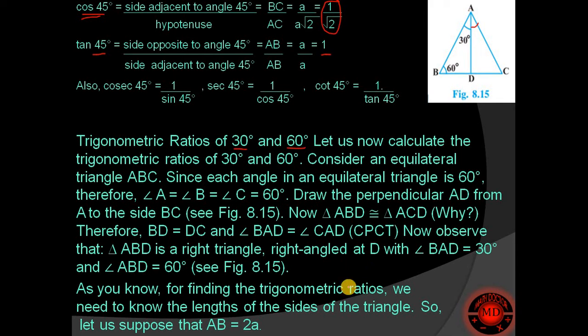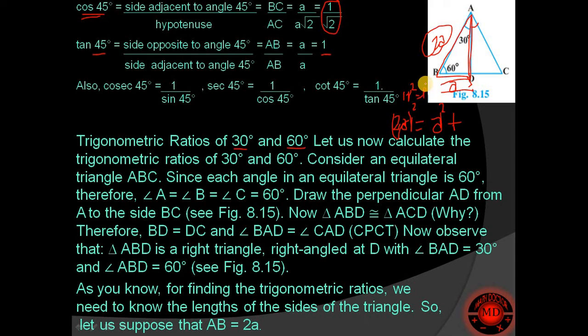As we know the lengths of the sides of the triangle, let us suppose AB is 2A. All sides of an equilateral triangle are equal, and if we take half of a side, it should be A. The remaining side we can calculate using the Pythagoras theorem: 2A squared is equal to BD squared plus AD squared, where 2A is the hypotenuse.